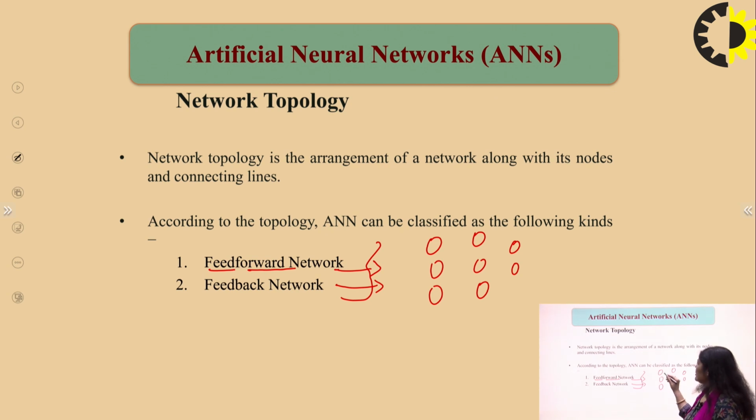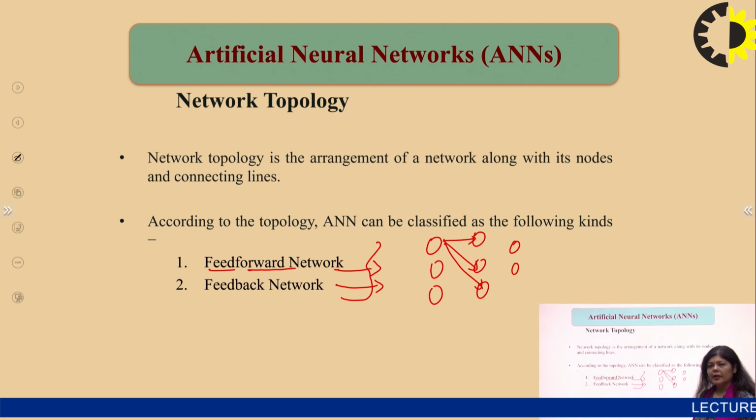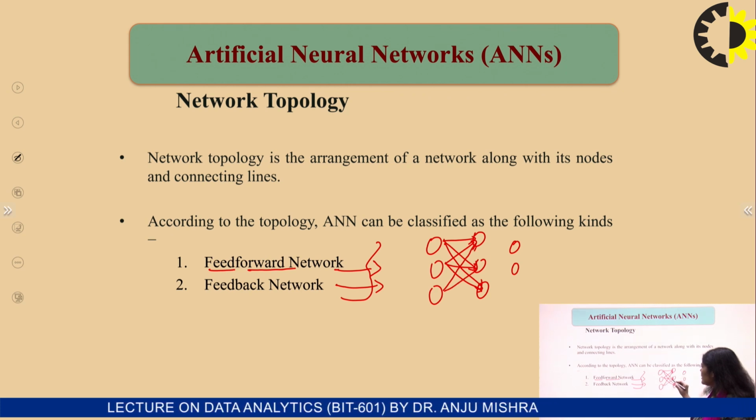Then we create the connections, and these connections are strictly unidirectional, only in a forward direction. You can see that all the neurons of the previous layer are connected to the neurons in the next layer, but not vice versa.